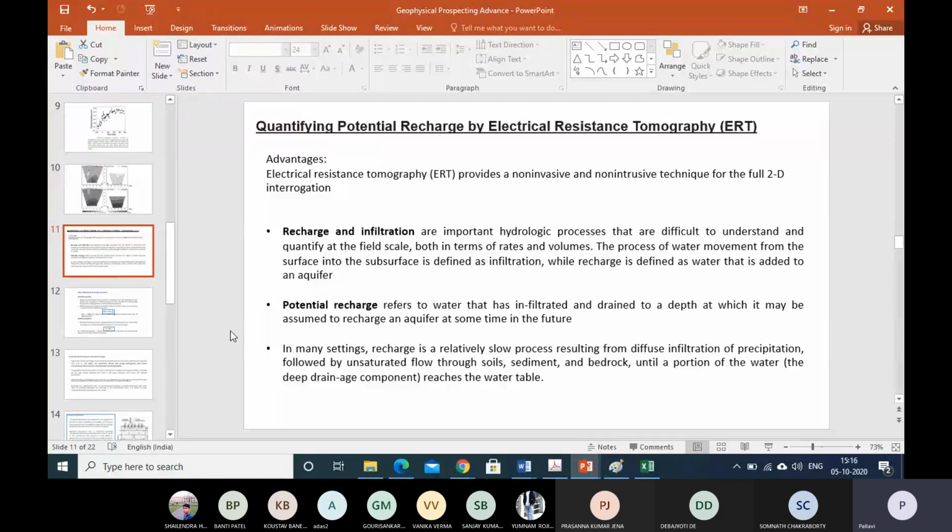So we know groundwater is very important, and our country mainly depends on rainfall events for the recharge process. So to understand this gap, and how much water is actually reaching the water table as a renewable water resource, that is very important to estimate exactly.